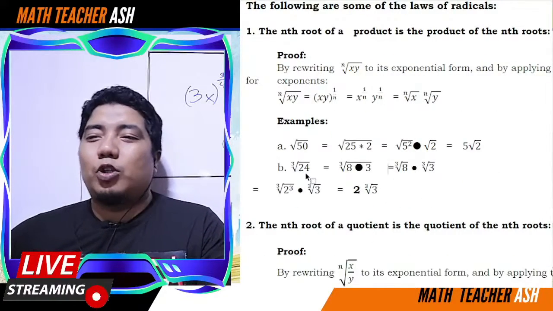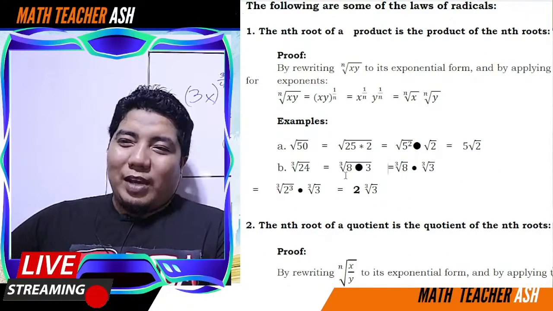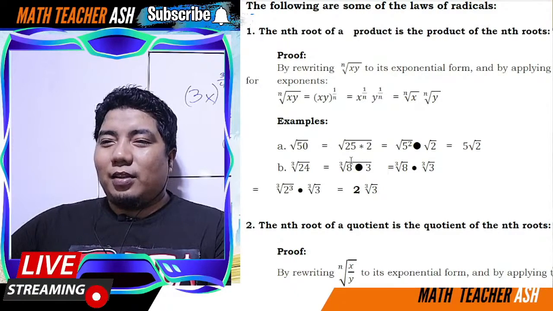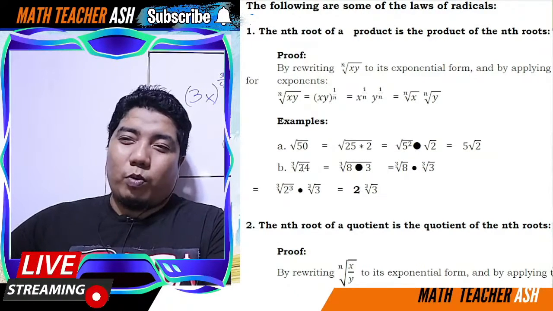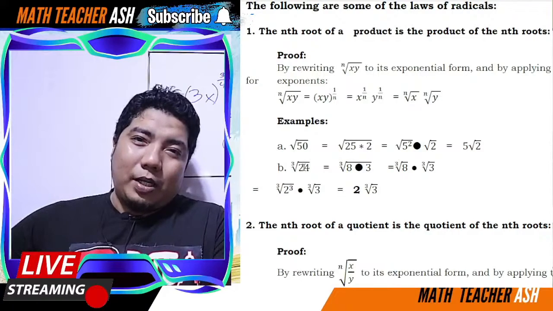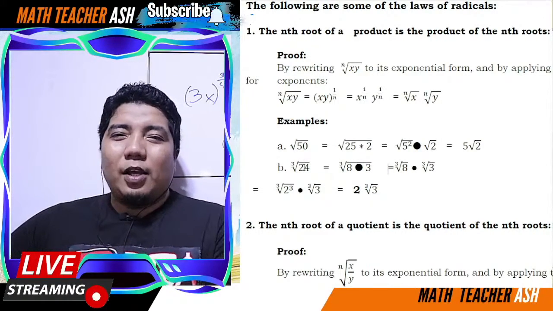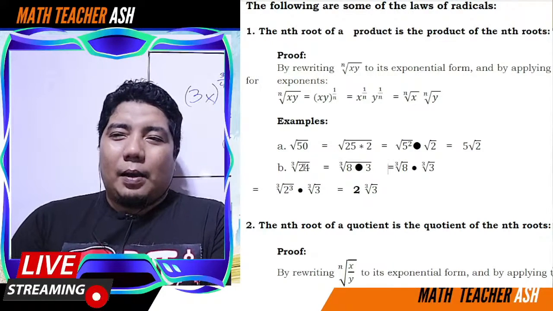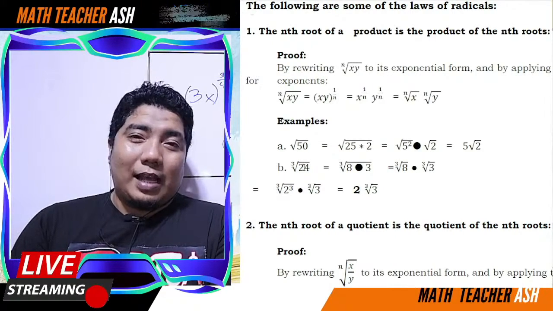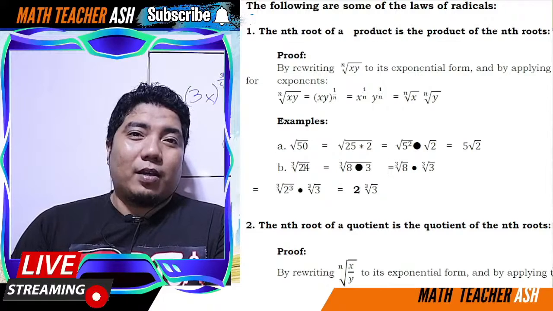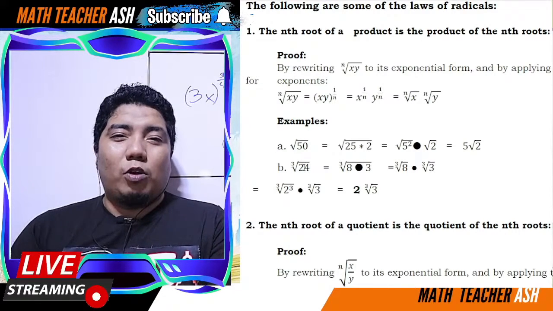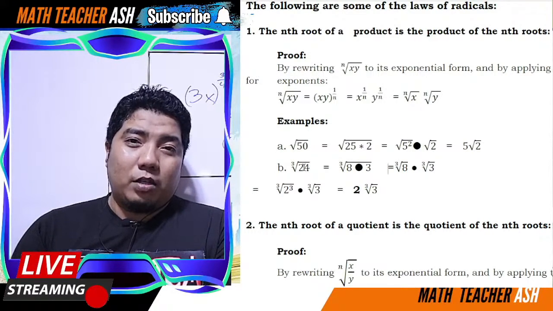Now, how about cube root of 24? Meron bang number na i-multiply sa sarili niya na ang lalabas ay 24? Okay, wala. Pero pag bibiyakin mo, meron kayang number na isa sa mga factors na perfect cube. So ano ba yung mga perfect cube? Una, 1. Pangalawa, 8.